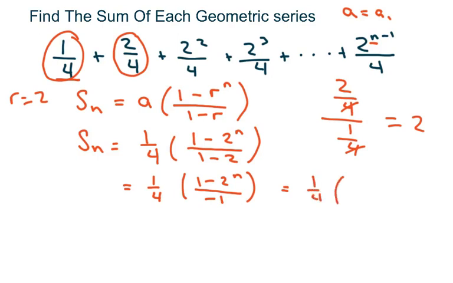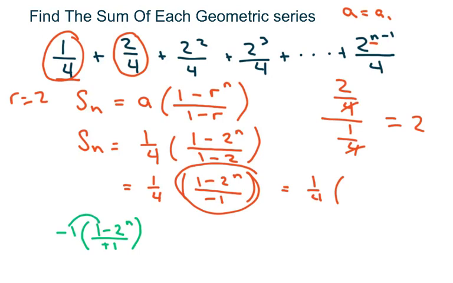I'm just going to pull this negative out. Let's forget about the 1/4 and just look at this. So we're going to pull the -1 out. So that's going to be 1 minus 2 to the little n over -1. Alright. And I'm going to pull out the -1, so that's going to be +1.